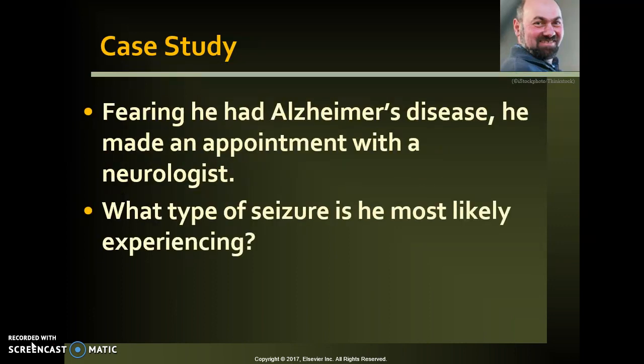He was afraid he might have Alzheimer's disease, so he scheduled an appointment with the neurologist. What kind of seizures is he likely to be experiencing? Well, this would be probably a complex focal seizure.